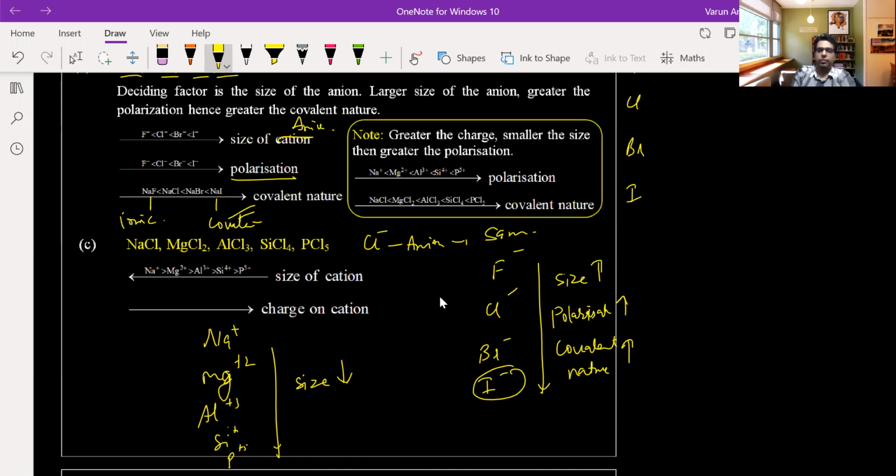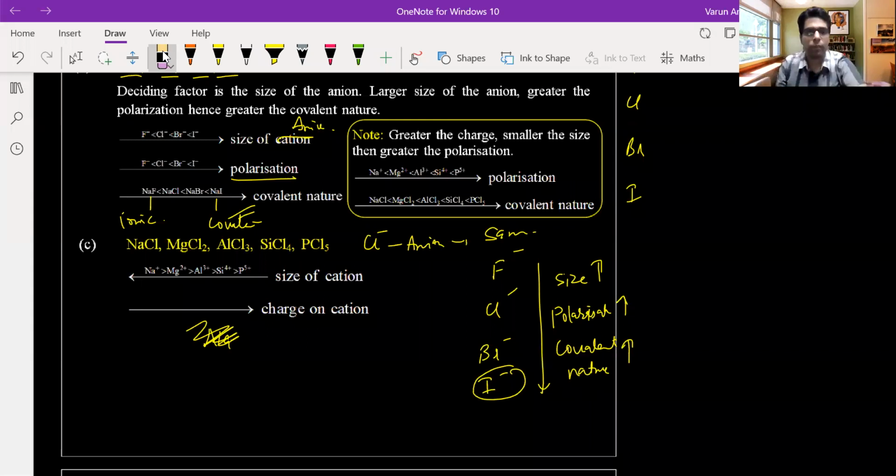This is along the period: sodium, magnesium, aluminium, silicon, and phosphorus.